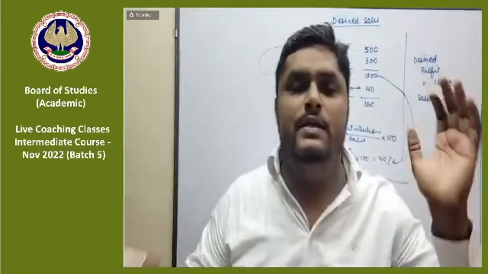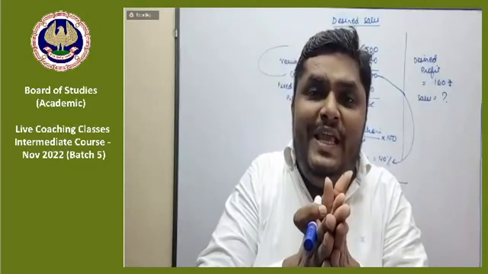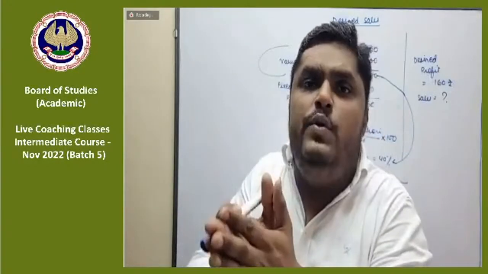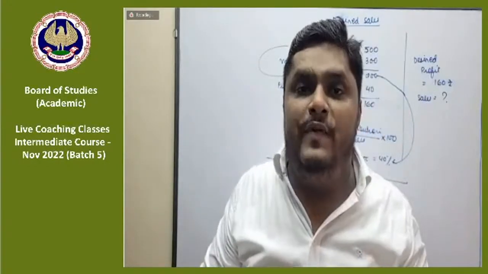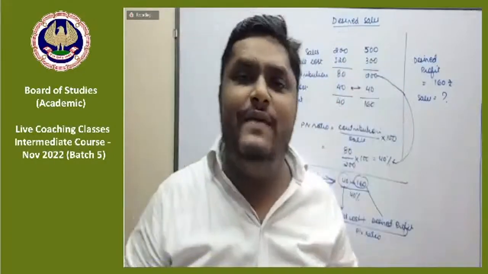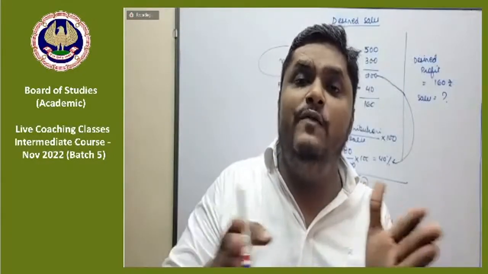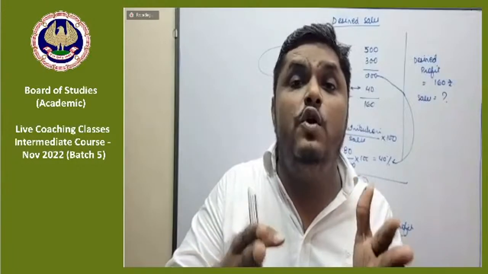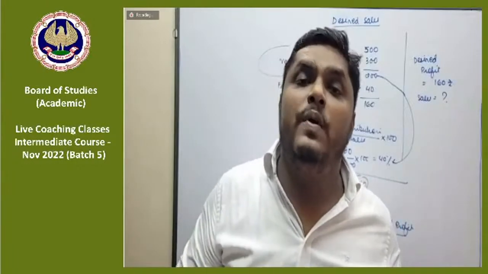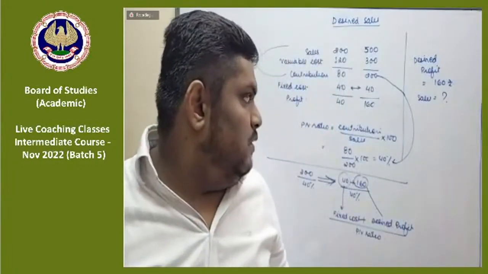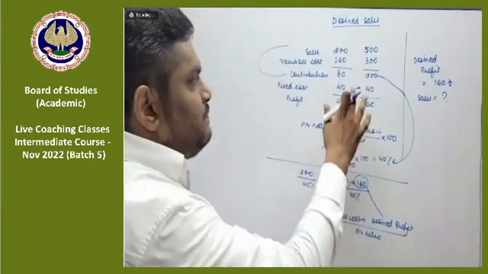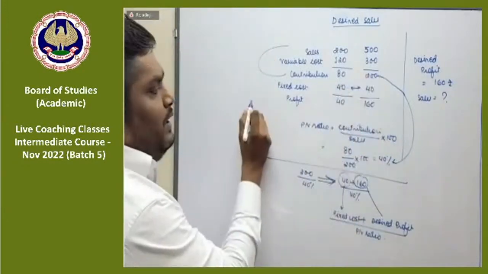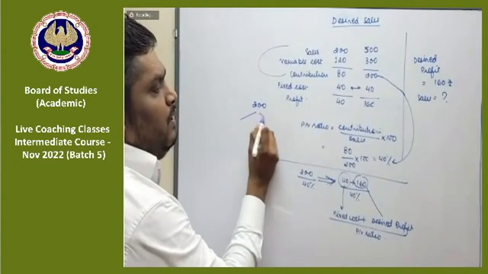So my point is, once you cross break-even sales, the extra contribution you are getting is what? Profit. So here, my contribution is 200.